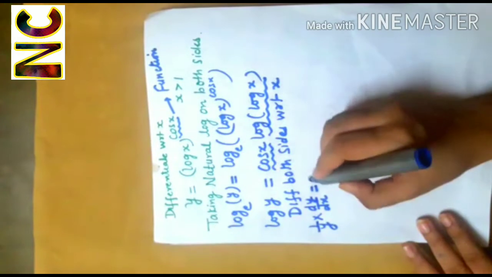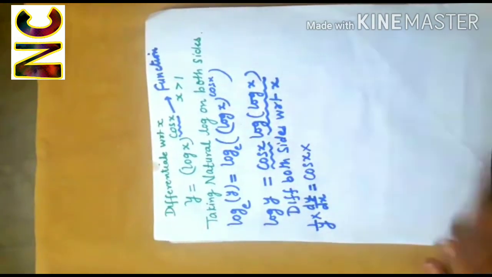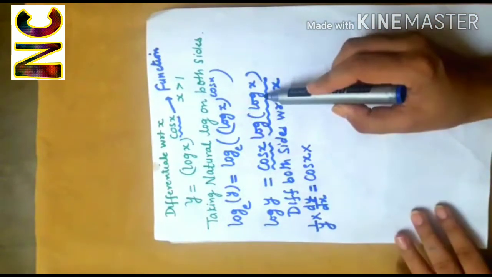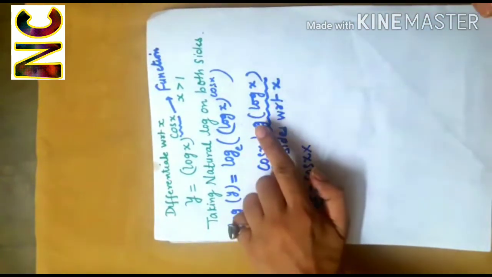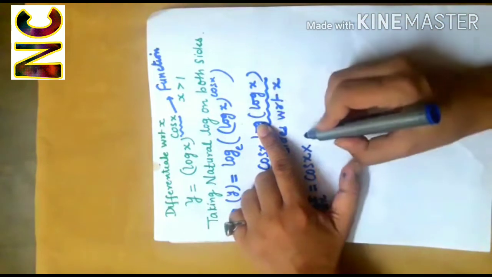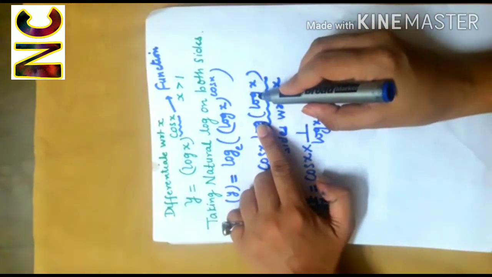First function, which is cos x, into the derivative of the second function. The outer function is the log function, so its derivative will be 1 over log x. Do not change the inner function.